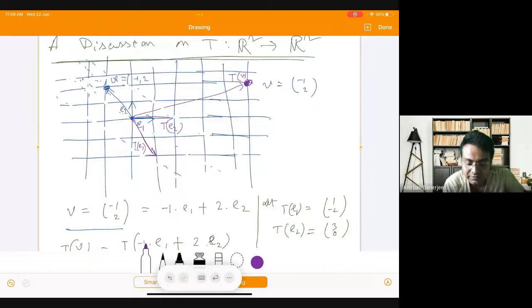Now we can have the dotted line like this, right? Yes, sir.